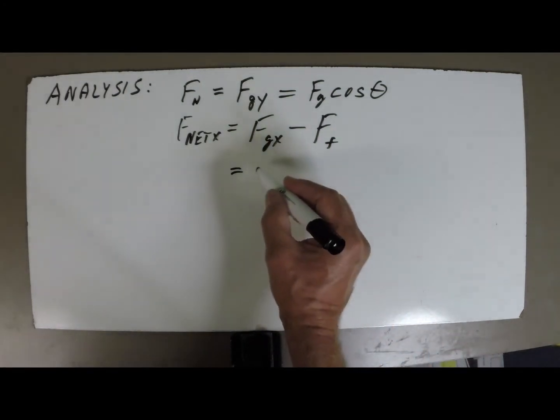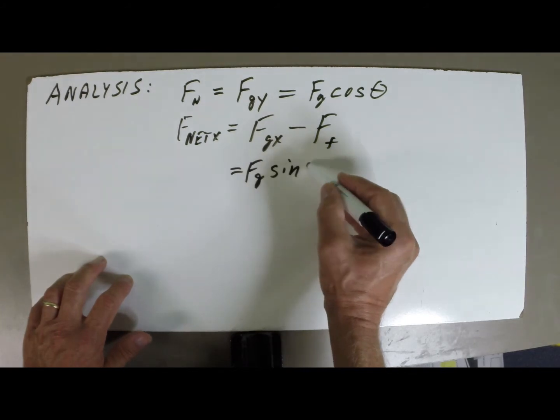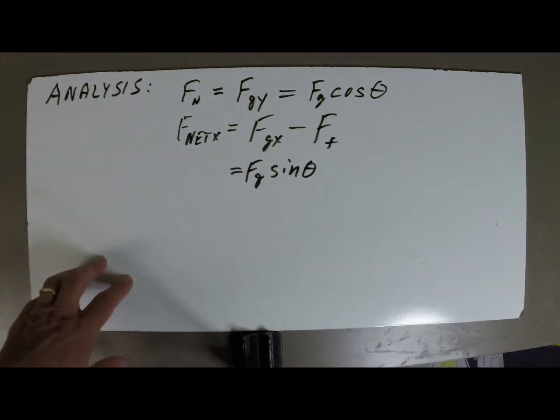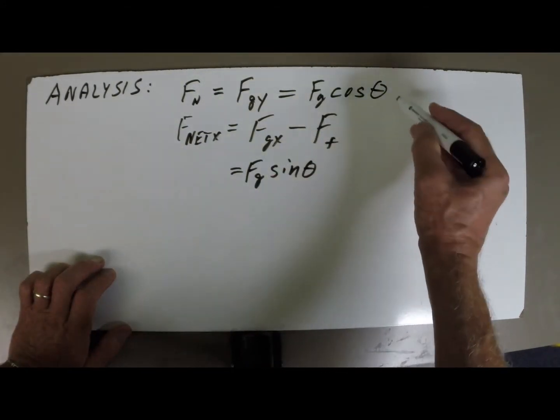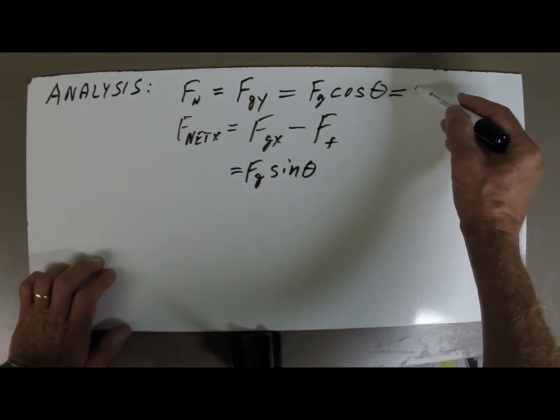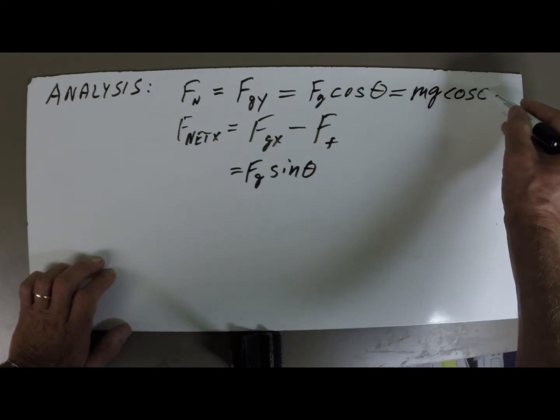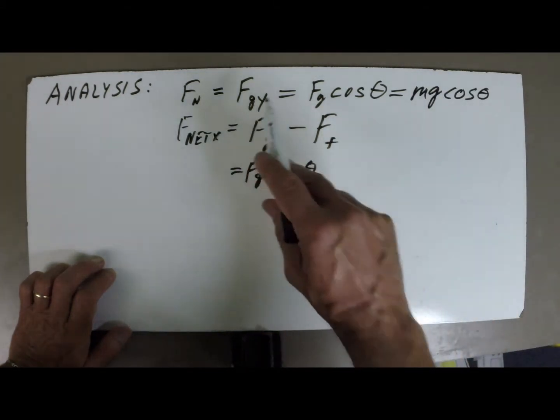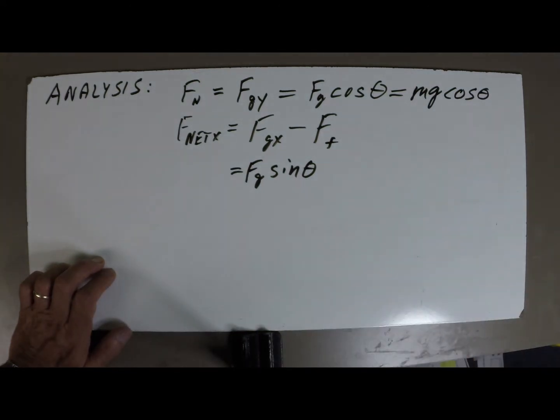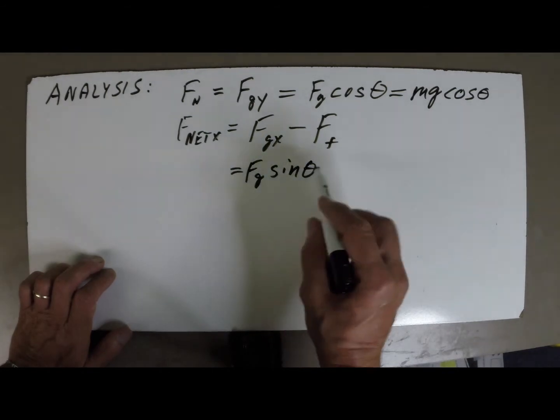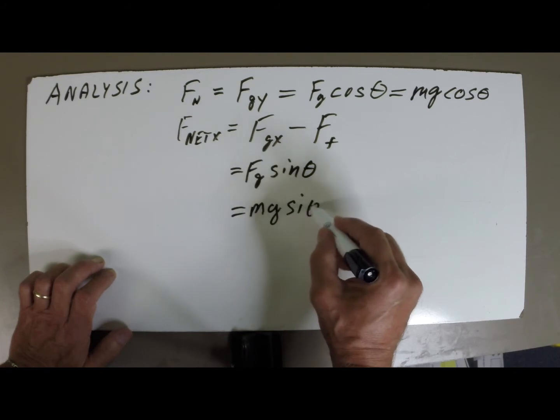So we can replace Fgx with Fg sine theta. Now we can do a couple more steps here. Fg, as always, on the surface of the Earth is equal to mg. So the normal force, being equal to the y component of gravity, will be equal to mg cos theta. And similarly here, this will be mg sine theta.